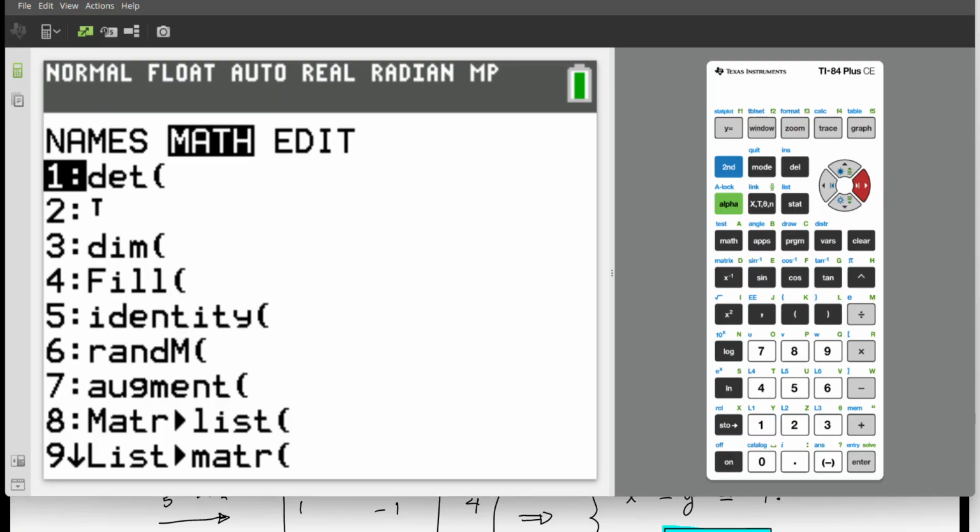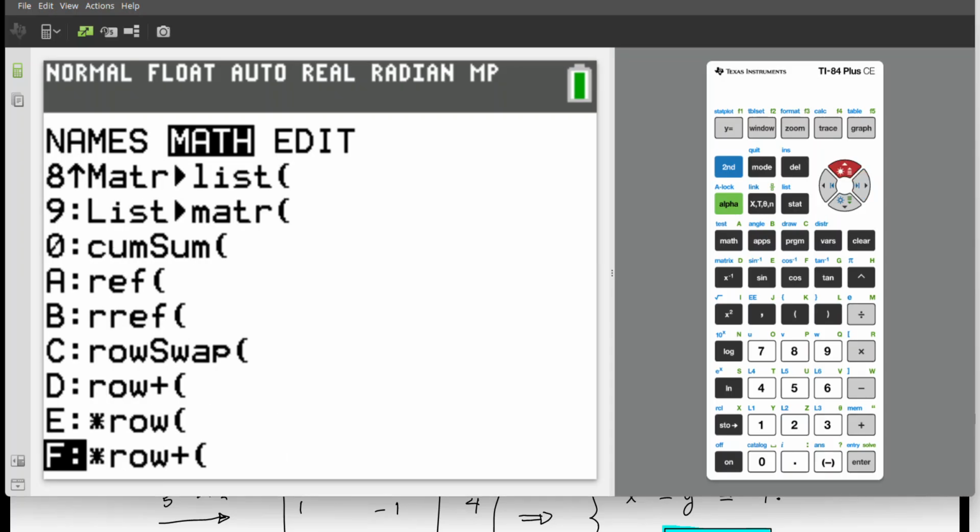There's DET, there's other words in here. We want to scroll to find the one called REF, which stands for row echelon form. I find it faster to use my up key and go from the bottom up, and there are options A and B. For now, I'll go ahead and use option A, which is the row echelon form.